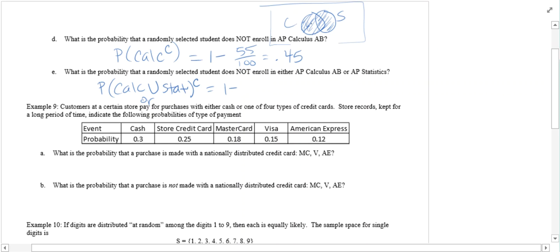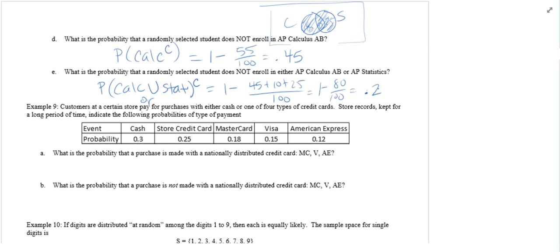We had 45 here, 10, and 25. So it's 1 minus the 45 plus the 10 plus the 25 out of 100. Okay, so there's 80 students there. If you could just calculate that, this is going to be 0.2. There's 20% of the students who do not take calculus or statistics. Okay.